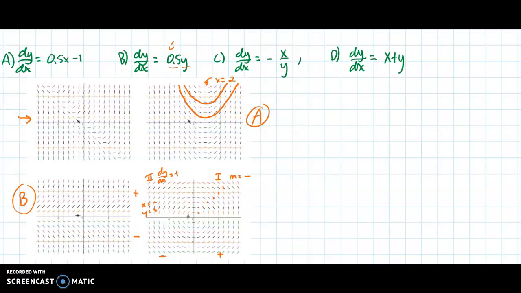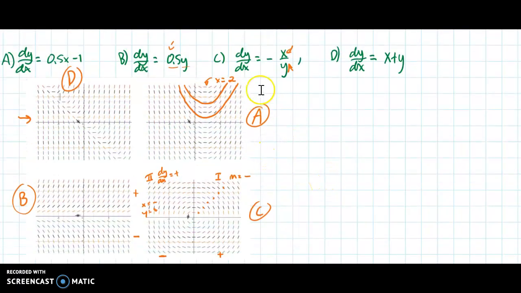So the slope appears to be -1 as we go out along the line y equal x. Notice if x and y are the same thing, which is what we would get along that line, I get a slope of -1. So this one's C. And this last one has to be D. I could go into a longer explanation of that, but for the sake of what I'm doing right now, I think that I've got my point across in terms of this matching stuff and what we look for. We look for where things are positives and negatives.